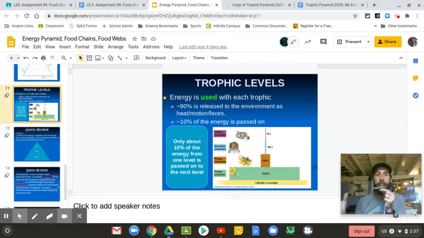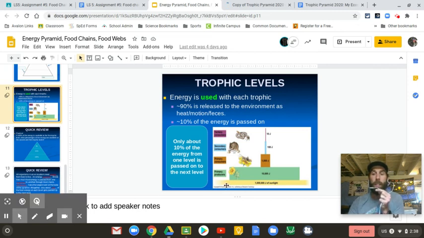Or that energy is converted into motion, right? Right now I'm using energy. Okay? Right now grasshoppers are frighteningly hopping around and scaring science teachers. Okay? So by using energy, these things end up not allowing that energy to be passed on to whatever eats it.